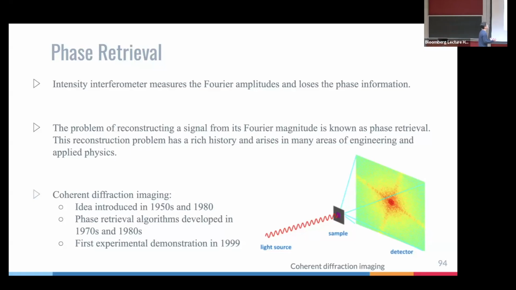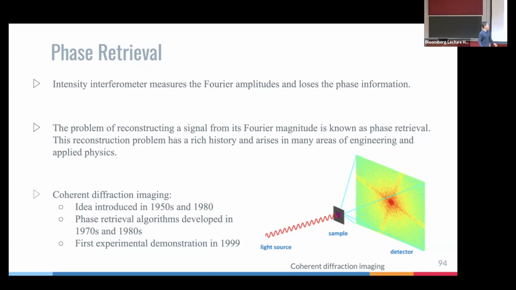This reconstruction problem actually has a very long history. People doing coherent diffraction imaging are also measuring the amplitude of Fourier modes on the detector, and they use the amplitude information to try to infer the internal structure of their samples.